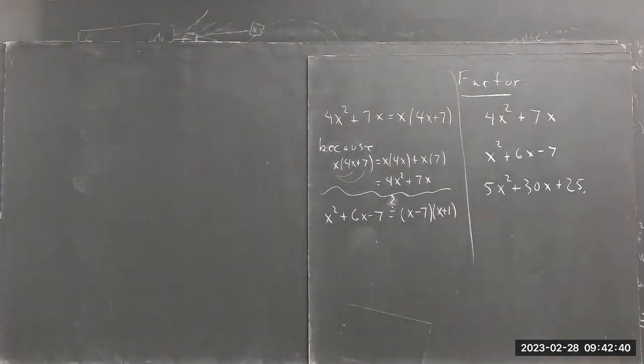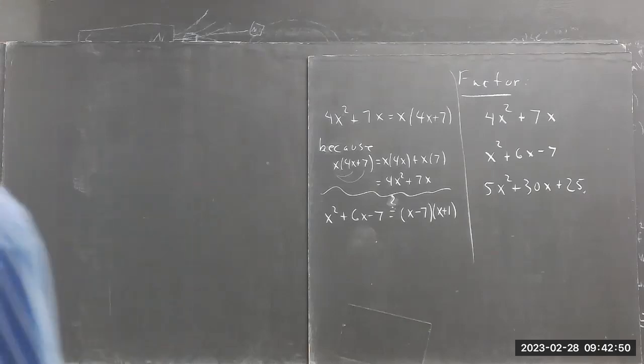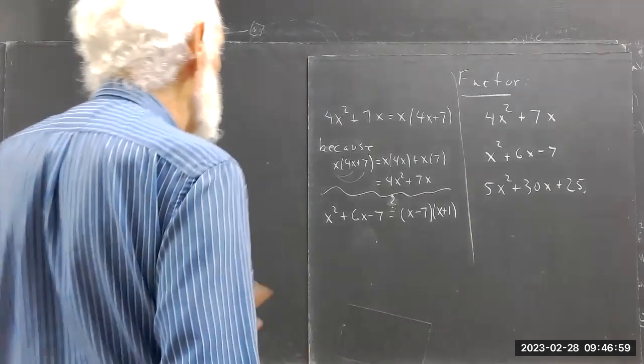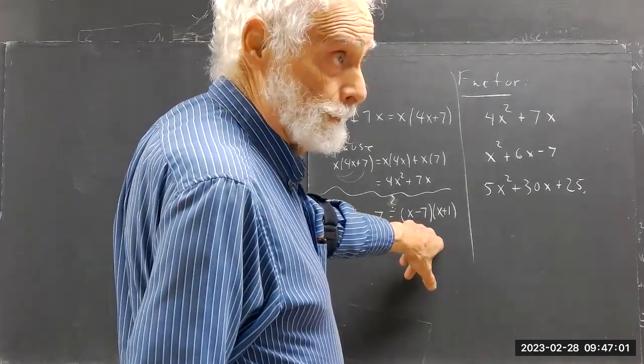I'm not saying whether it's equal or not. Might be, it might not be. So multiply that out using the distributive law. Let's see how this works out. Okay, testing whether this equals this.